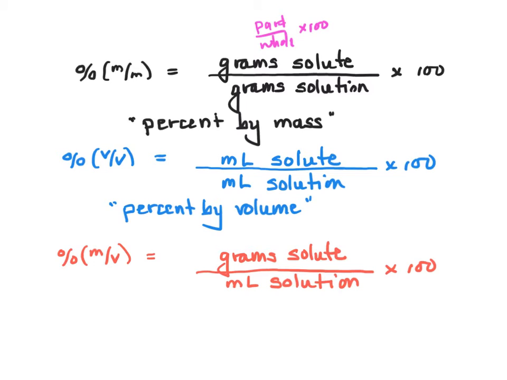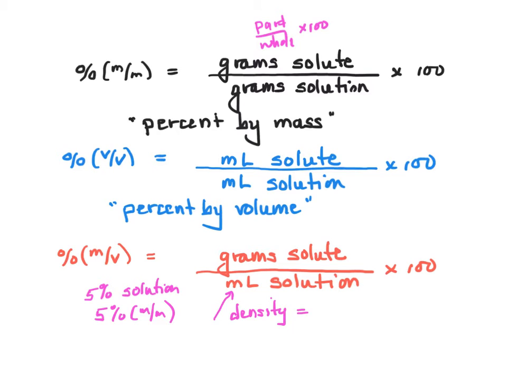So a couple things. When you write these out, you can't just say, oh, I have a 5% solution, because we won't know what you mean. Okay, so you have to literally write 5% mass over mass. You have to tell the reader what you're doing. And then what about this one here? How is this different from density? This is something that students often compare with density because it's grams over milliliters and it looks like density.